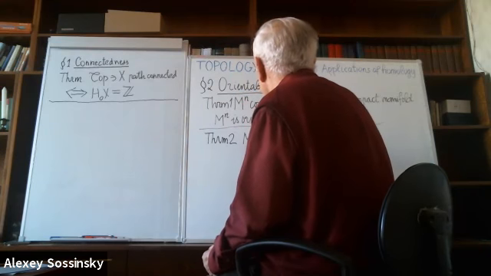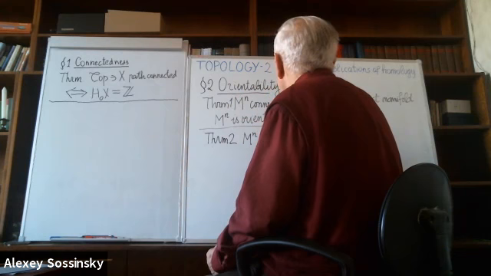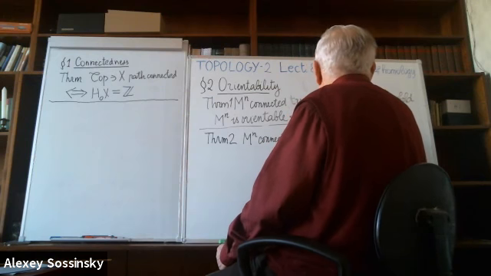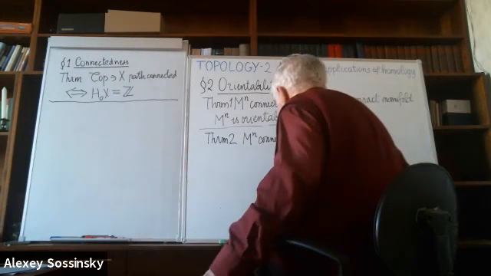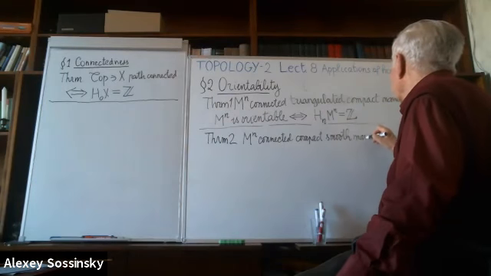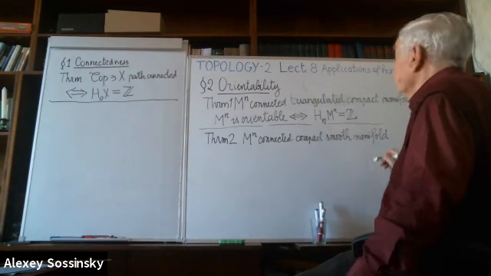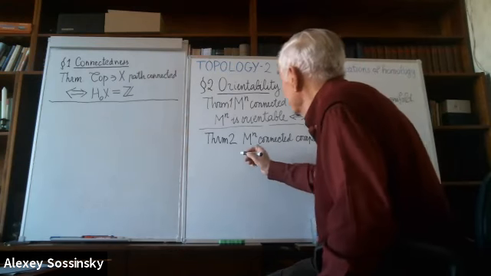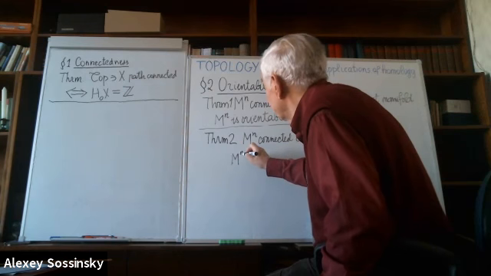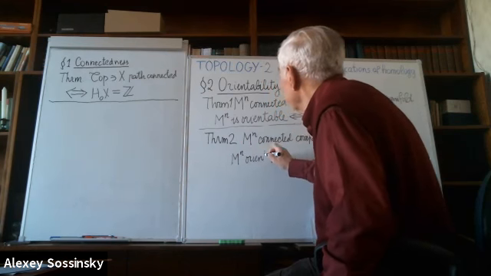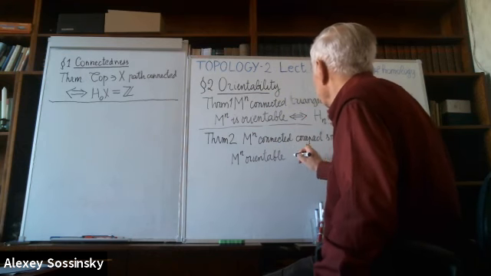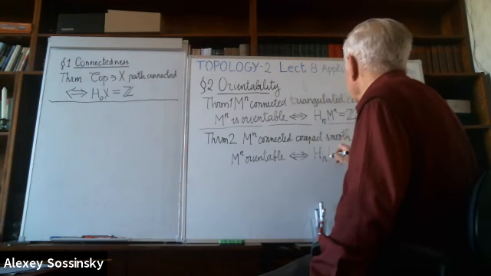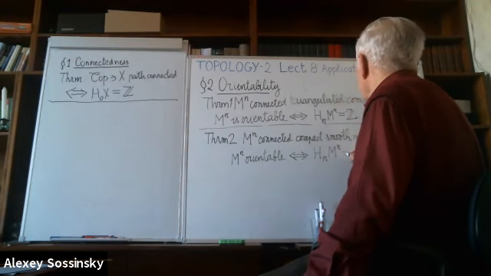If Mn is a connected, compact, smooth manifold, then it is orientable if and only if H n of Mn is Z.